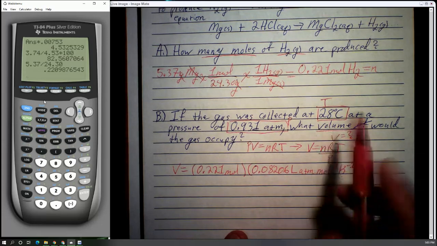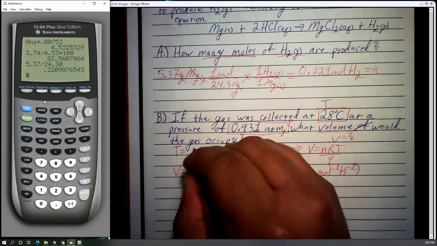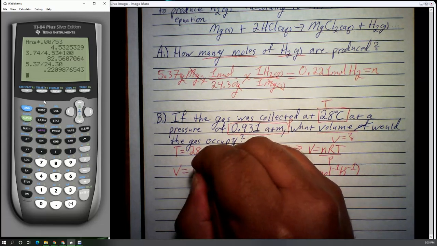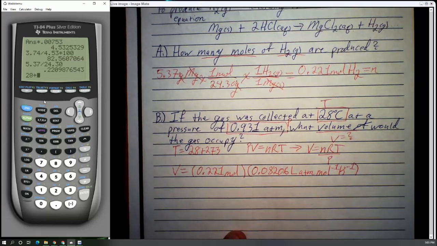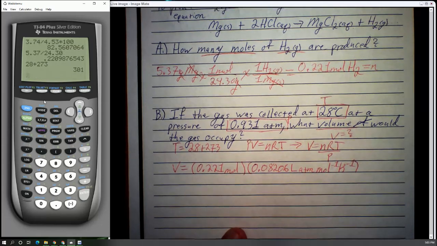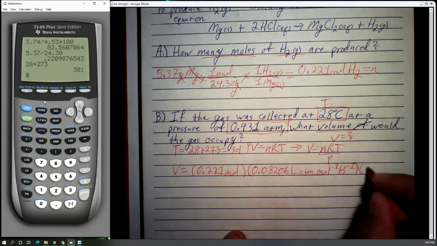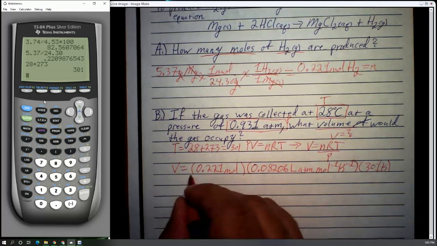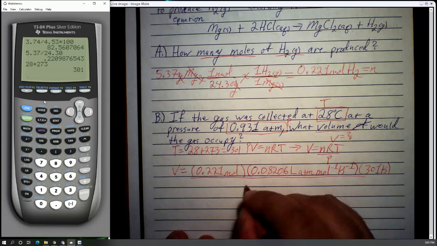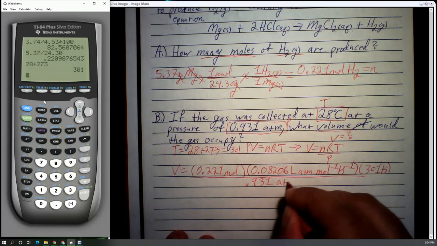And my temperature is in Celsius. We have to convert that to Kelvin by adding 273. 28 plus 273 gets us 301. And then we divide all of this by our pressure of 0.931 atmospheres.